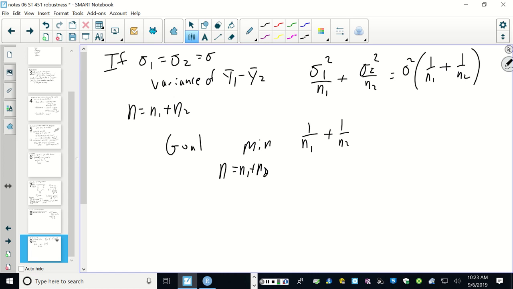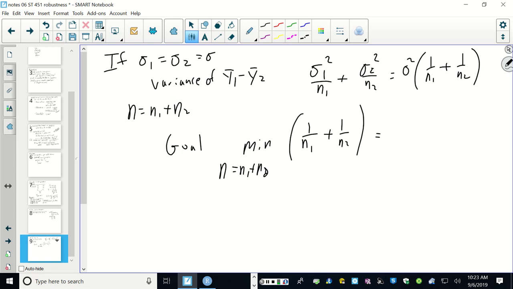So how do you do a problem like this? First of all, is the goal clear? We have a budget that gives us a sample size of little n, and we're going to split it into two groups. What's a good way to split it?